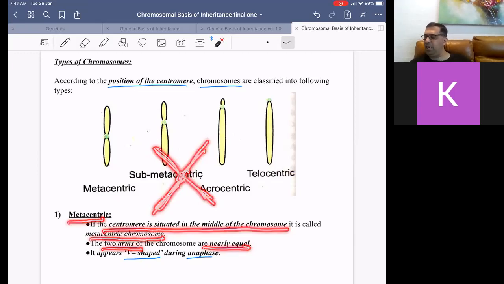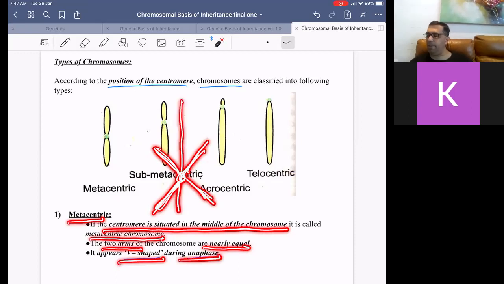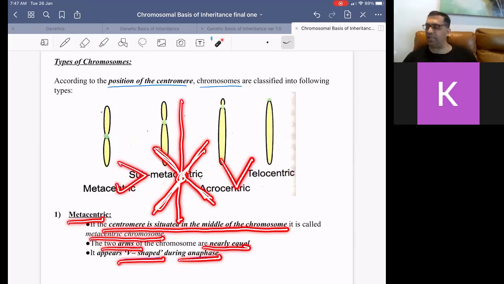It appears V-shaped during anaphase. In anaphase the centromere will split, so what will be the appearance of the chromatids? Chromatids will appear V-shaped due to the breaking of the centromere.